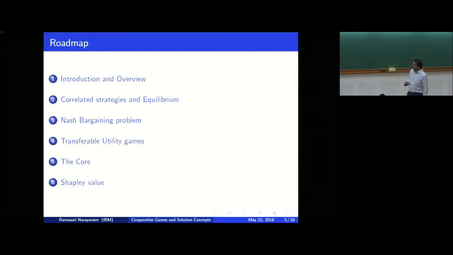I'll quickly give an introduction to cooperative games, and then we will get into the topic of correlated strategies and equilibrium. Then another notion called Nash Bargaining solution, followed by transferable utilities, and a couple of foundational solution concepts in cooperative games, namely core and Shapley value.